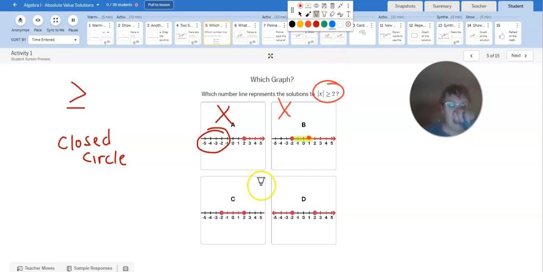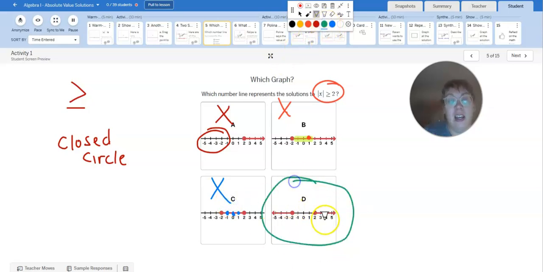When we look at C, some of these have absolute values of 1 or absolute values of 0. So again, we don't want it, that would be if it was less than. But what we're looking for is D, which has all the absolute values to the right, that'll be bigger than 2, and to the left, that'll be bigger than 2. So like this has an absolute value of 5. This one has an absolute value of 4, right? We can get those numbers that are greater than 2.